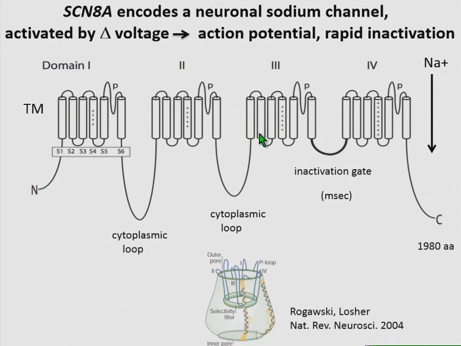These large proteins have evolved for very rapid opening and closing. Those are the key parameters. Within 2 milliseconds, the channel closes, and if it fails to close, that causes big trouble. So the protein has 4 homologous domains. There's a positively charged transmembrane domain that's involved in opening the channel, and a specific pore and an inactivation gate that closes the channel.